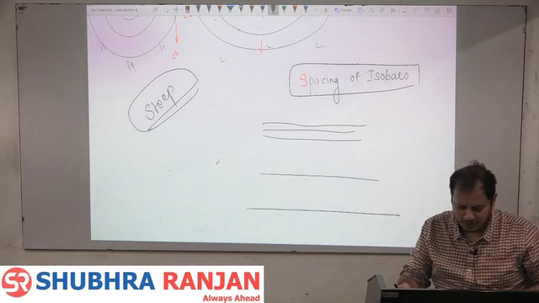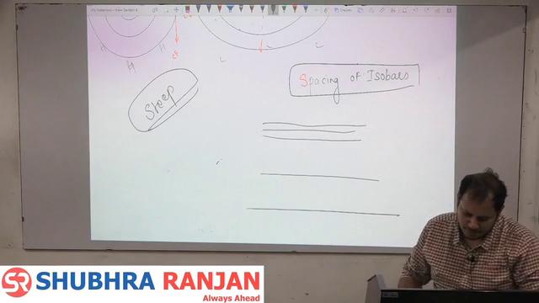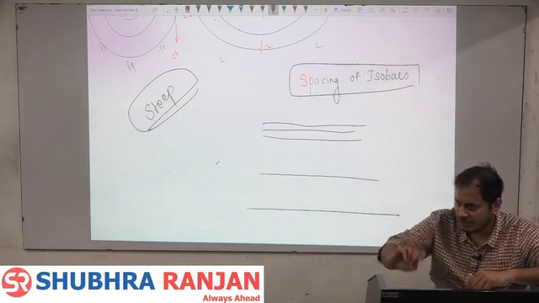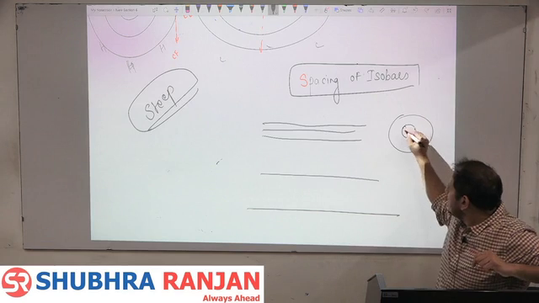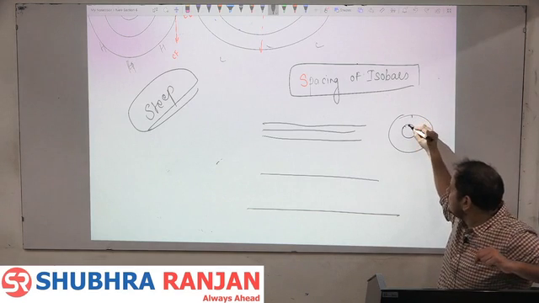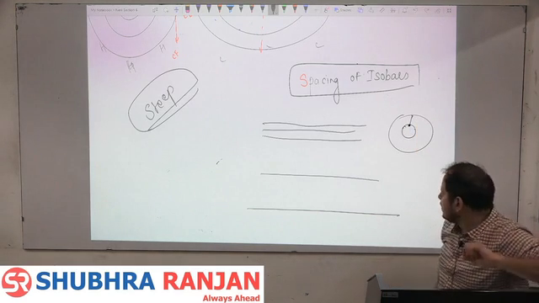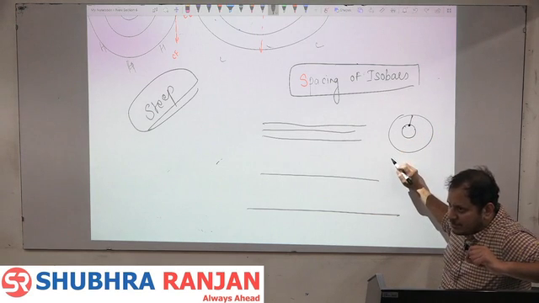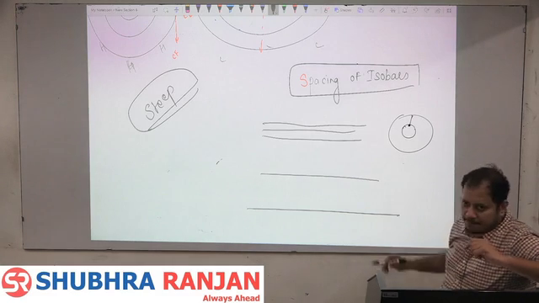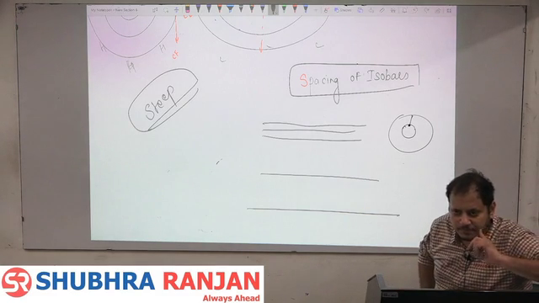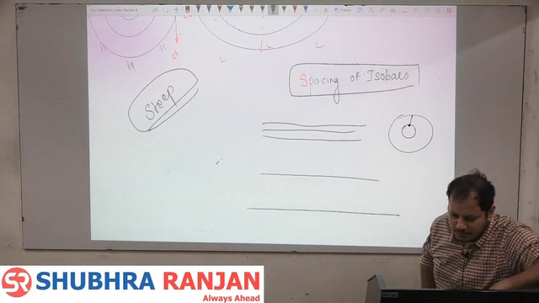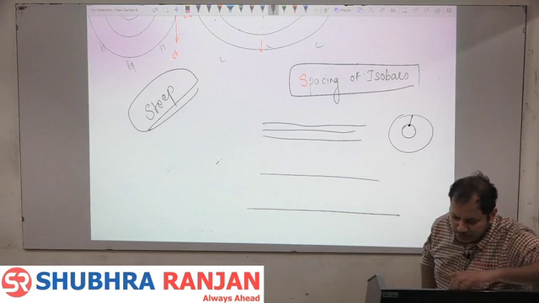It has an effect on every moving object, not on a stationary object. If you don't have to go from here to here, then Coriolis force won't act. It will act only if you want to move from here to here. This effect on every moving object is known as Coriolis force.